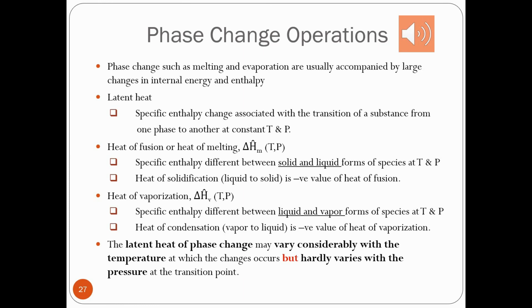As for the heat of vaporization, it is the specific enthalpy difference between the liquid and vapor. This is where the phase of a species changes from liquid to vapor at the given temperature and pressure.